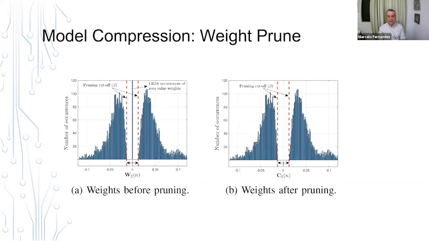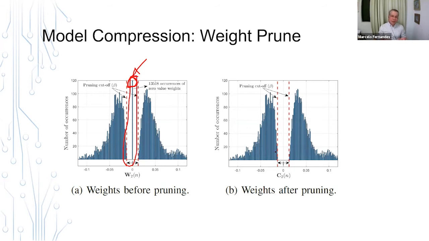In this case, we have a different profile, because you can see that several weights stay very close to zero, and when you make the pruning, you can remove these ones here.